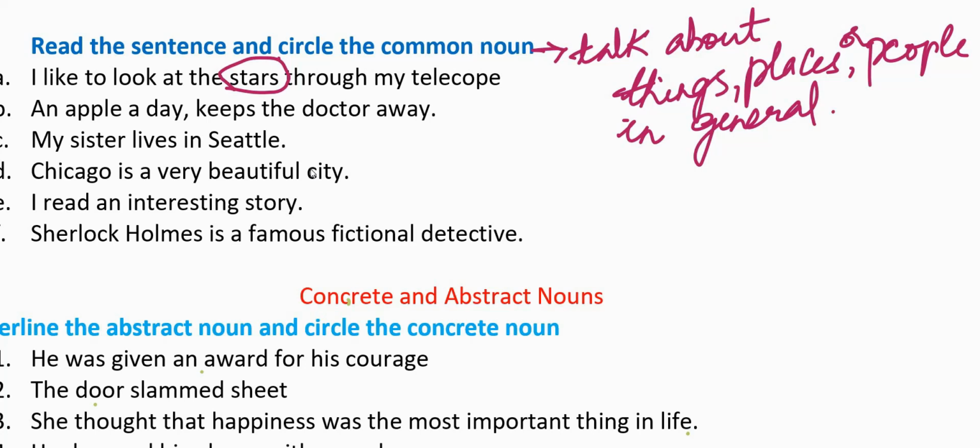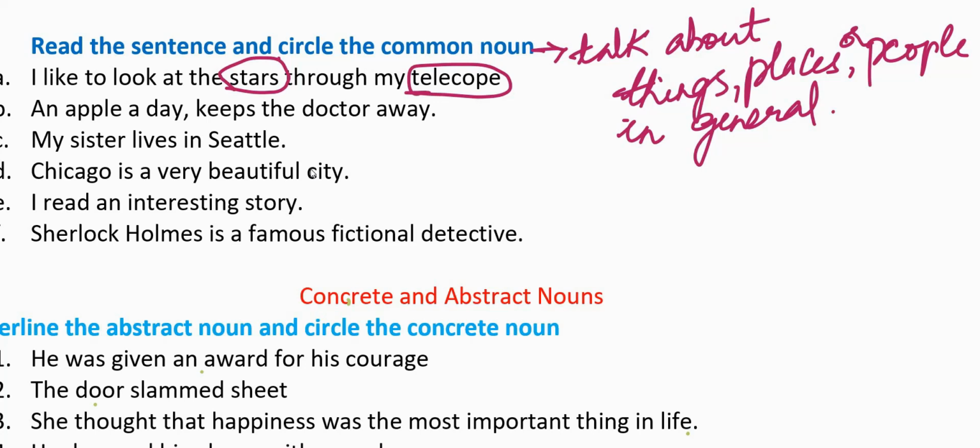Now there are many groups of stars in the space. So it may be any group of stars, hence it is a common noun. Telescope is also a very general object or a thing. I'm not referring to a brand or a particular kind of telescope. Hence stars and telescope both are common nouns in this sentence.